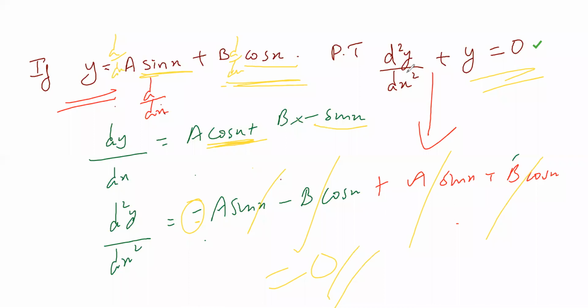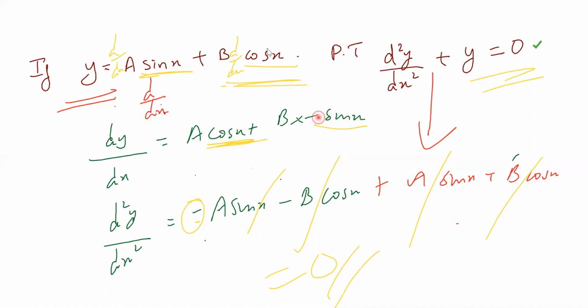Is there anyone having doubt in this? I'll tell you the thing. A is a constant, sin x differentiation is cos x. B is a constant, cos x differentiation is minus sin x. Correct? Again I'm differentiating this. Cos x differentiation is minus sin x, this minus sign I put before.